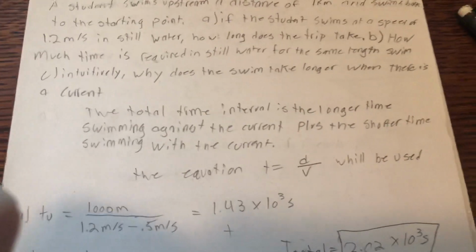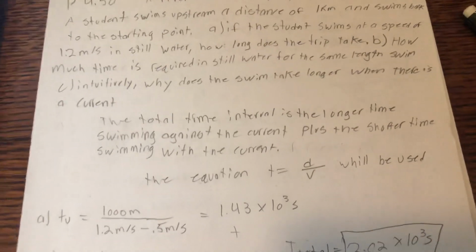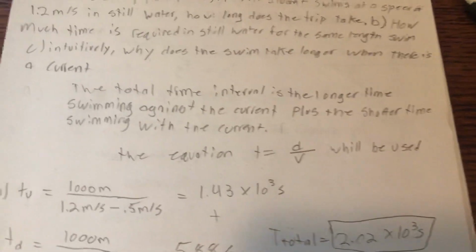So the total time interval is the longer time swimming against the current plus the shorter time swimming with the current.